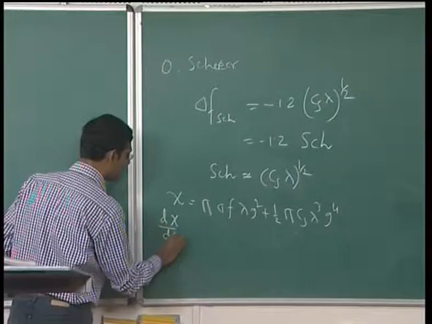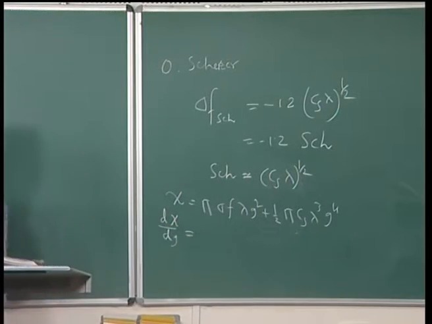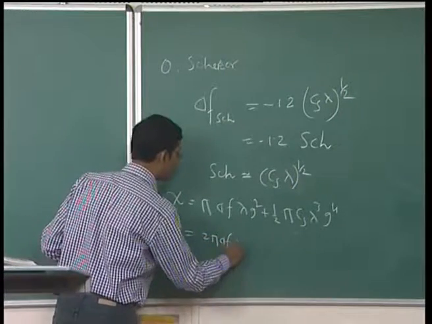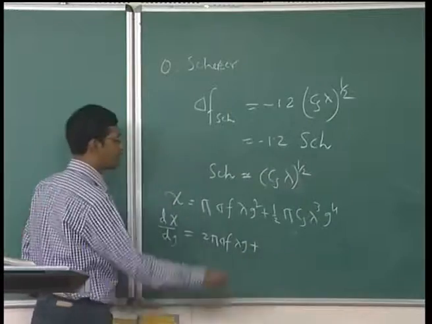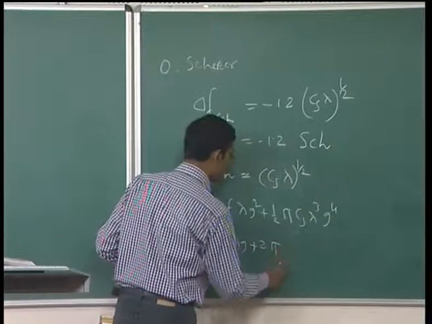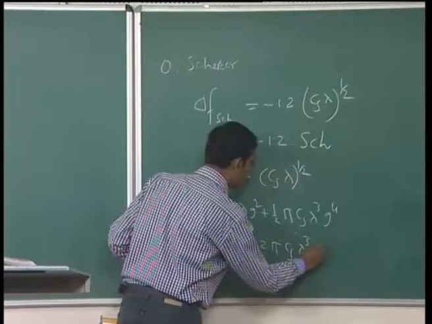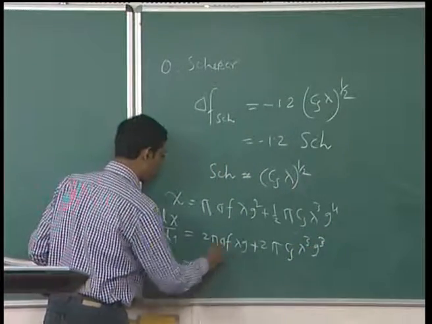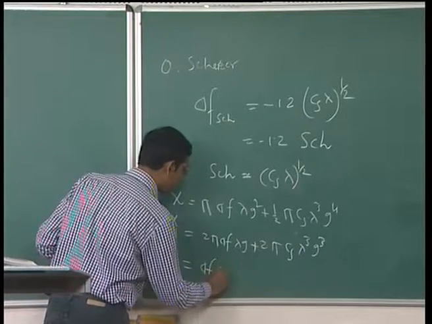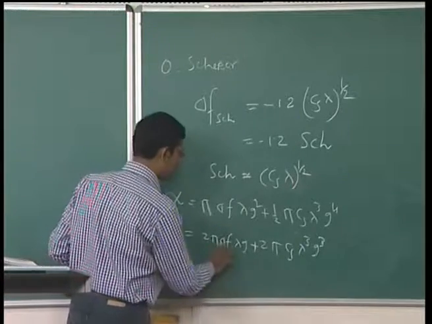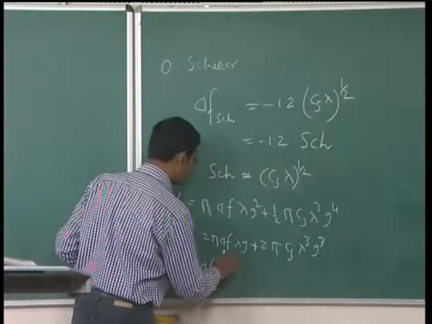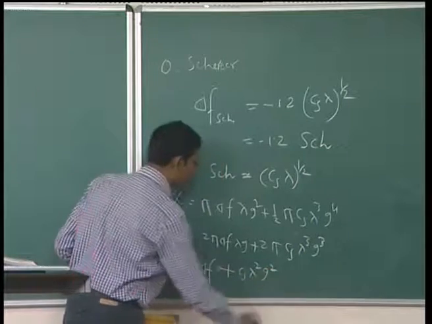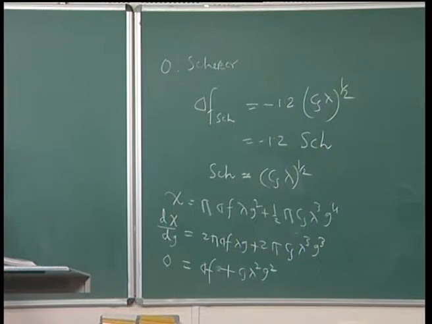If I minimize this, I get a very simple equation: twice pi delta f lambda g plus twice pi Cs lambda cube g cube, and this obviously has to be 0. So we can write this as delta f plus Cs lambda square g square, and that can be easily seen.